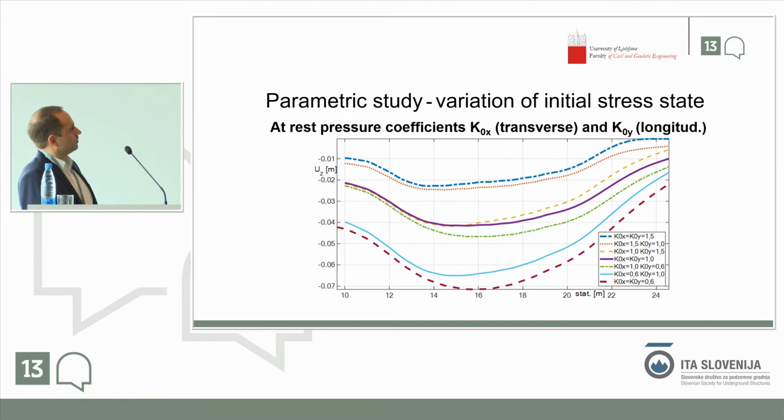But to be more precise, a higher value of K naught X results in a lower value of vertical displacements.